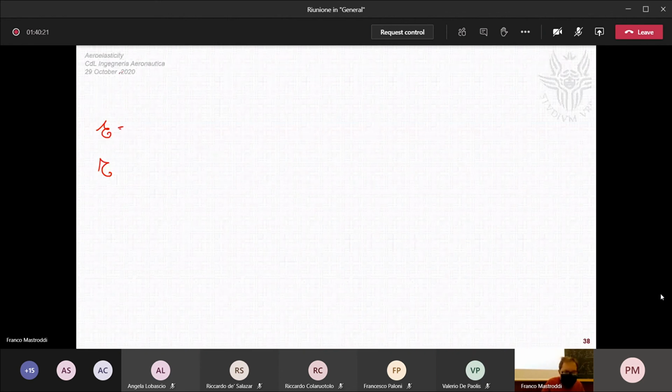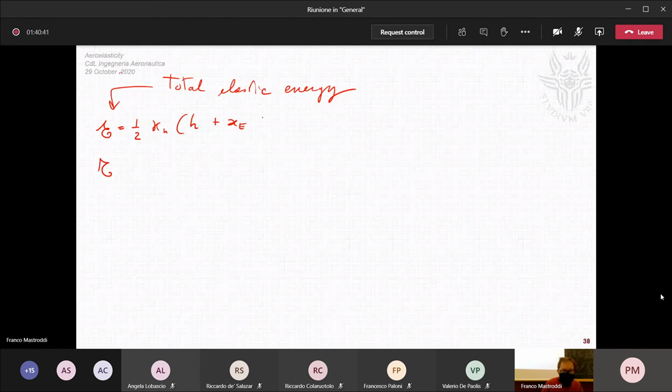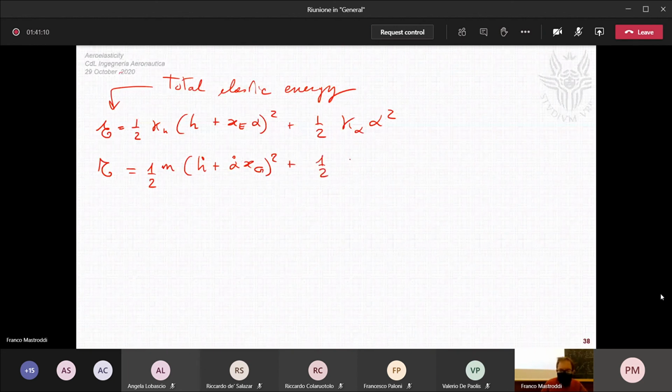And E is the elastic energy, the total elastic energy, equal to 1/2 kh by (h plus xe alpha) to the power 2 plus 1/2 k alpha alpha^2, and then I have T equal to 1/2 m by (h dot plus alpha dot xg) to the power 2 plus 1/2 alpha dot to the power 2 jg, which is the principal moment of inertia.